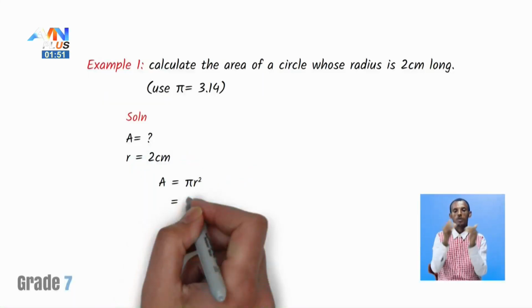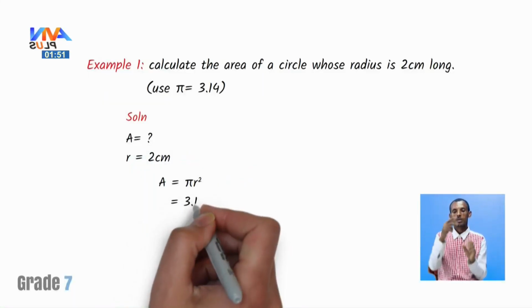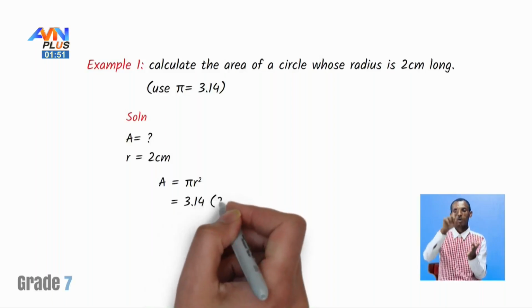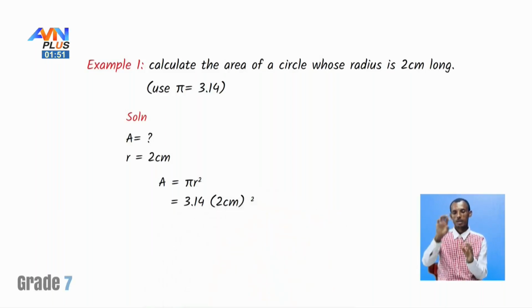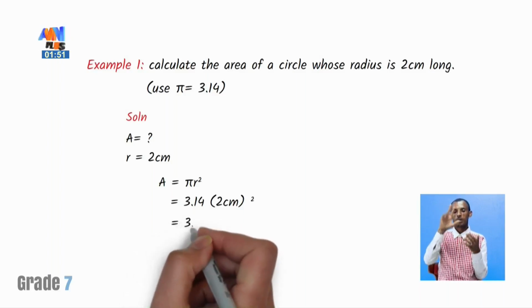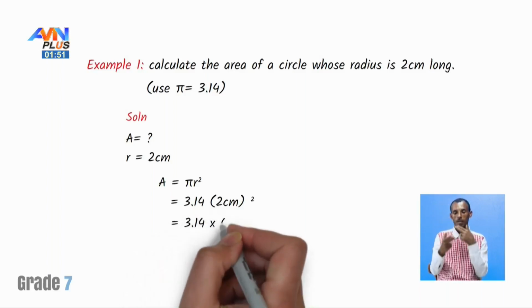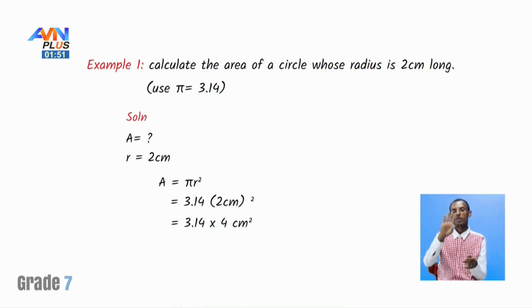We can use pi, 3.14, times radius, which is 2 centimeters, squared. Therefore, you have 3.14 times 4 centimeters squared.